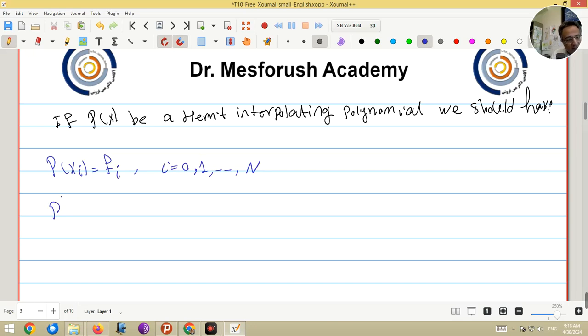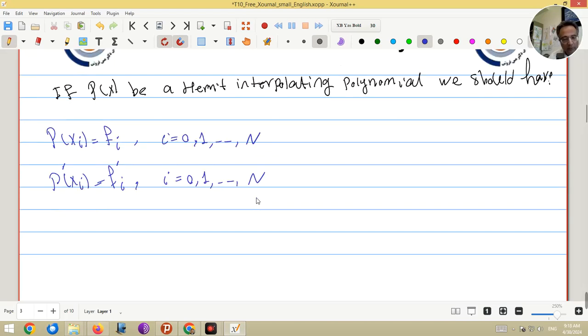Also, we should have p prime at xi equal to f prime i, and also this should be true for 0, 1, 2, n. Okay, and also we should continue up to the kth derivative of p at xi should be equal to the kth derivative of f at xi. Okay, and also this should be true for 0 to n.